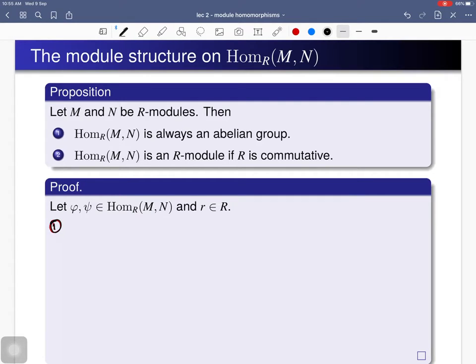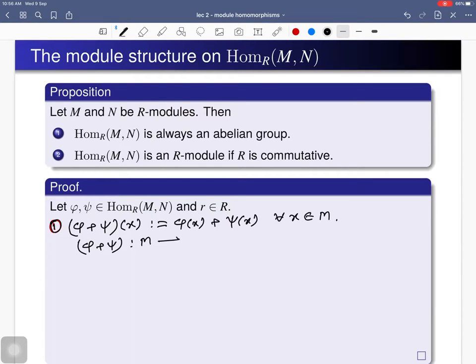So we define addition in this way, phi plus psi is defined to be phi of x plus psi of x for all x belonging to M. Then you can verify that phi plus psi, first of all, is a map from M to N, and it preserves addition and scalar multiplication, because both phi and psi preserve addition and scalar multiplication. So using that you can prove that this map preserves addition and scalar multiplication. So this is a module homomorphism.